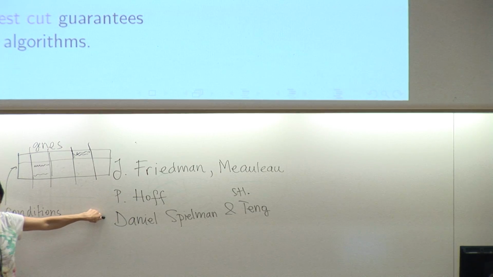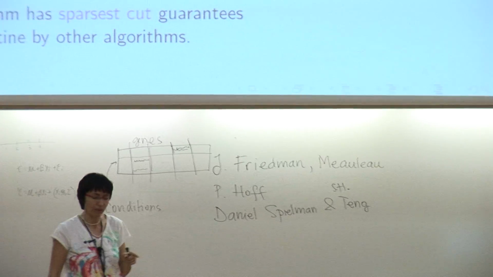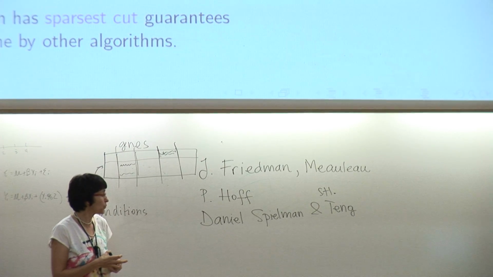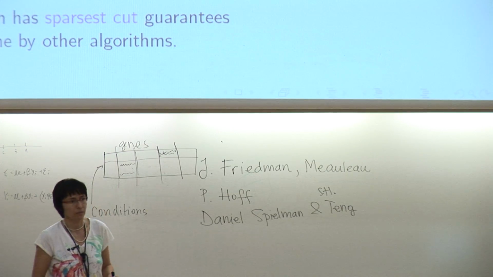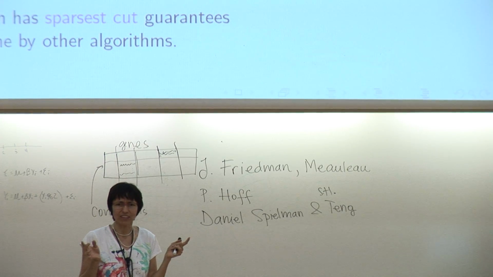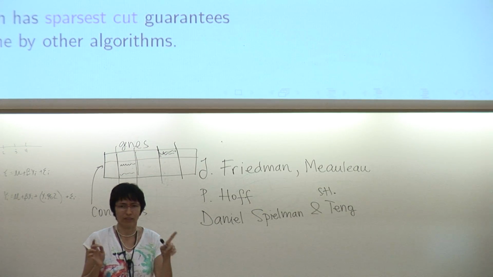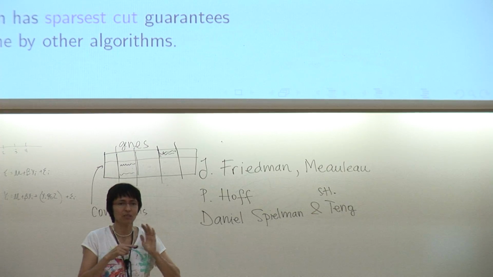They are theoretical computer scientists, and they invented this algorithm not for finding the local cluster, but for proving a new bound on the sparsest cut. How many of you know about sparsest cut and conductance in a graph? No, one. Okay, so conductance in a graph is something extremely close.